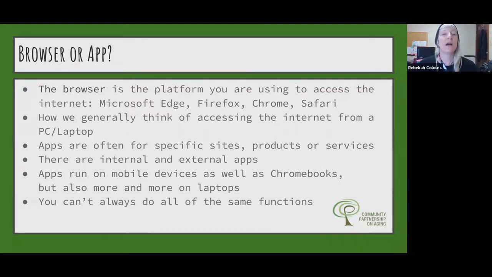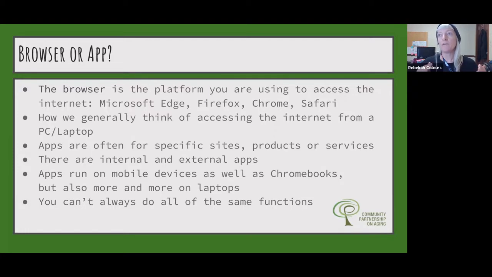So again, the browser is the platform that one uses to access the internet, generally on a computer. And those that would be your Microsoft Edge, Firefox, Chrome, Safari are kind of the main ones that people use. On your phone or tablet, you have different apps, and you can have the Chrome app, you can have the Safari app, you can have the Google app.